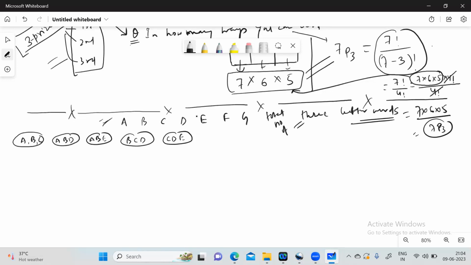And he also knows that once a group is formed, the total number of possible arrangements is 3 factorial. ये क्लियर है सबको?